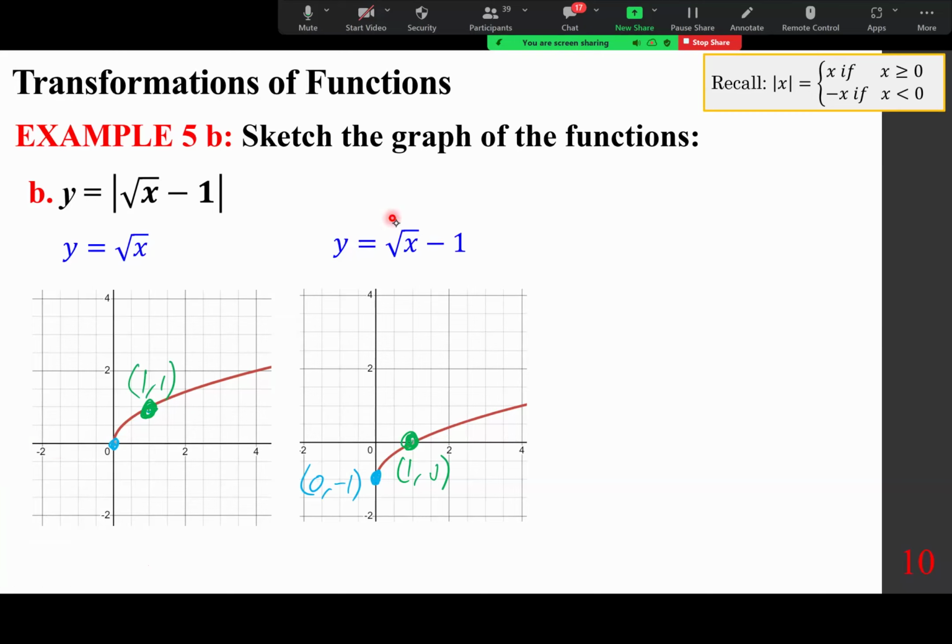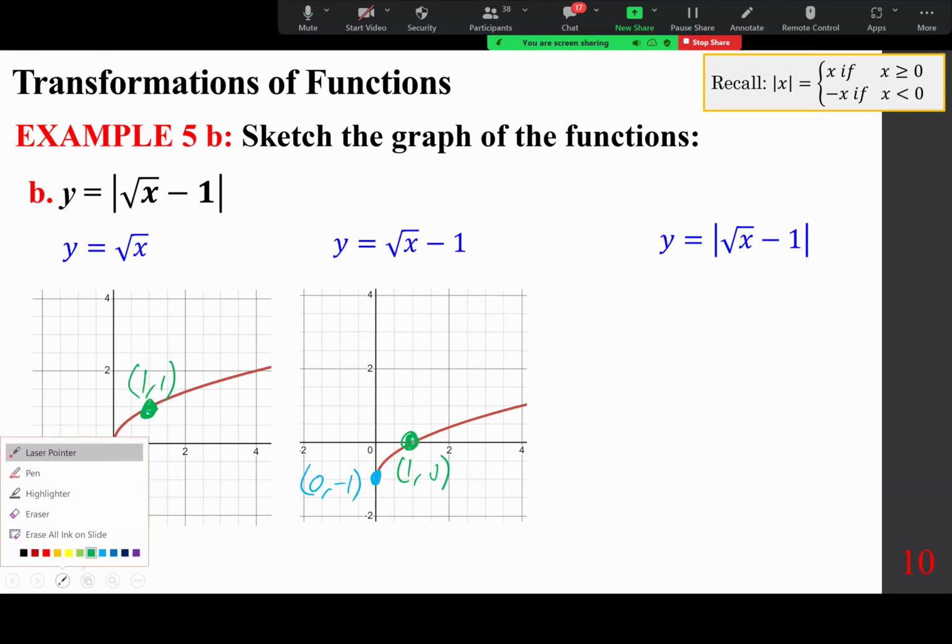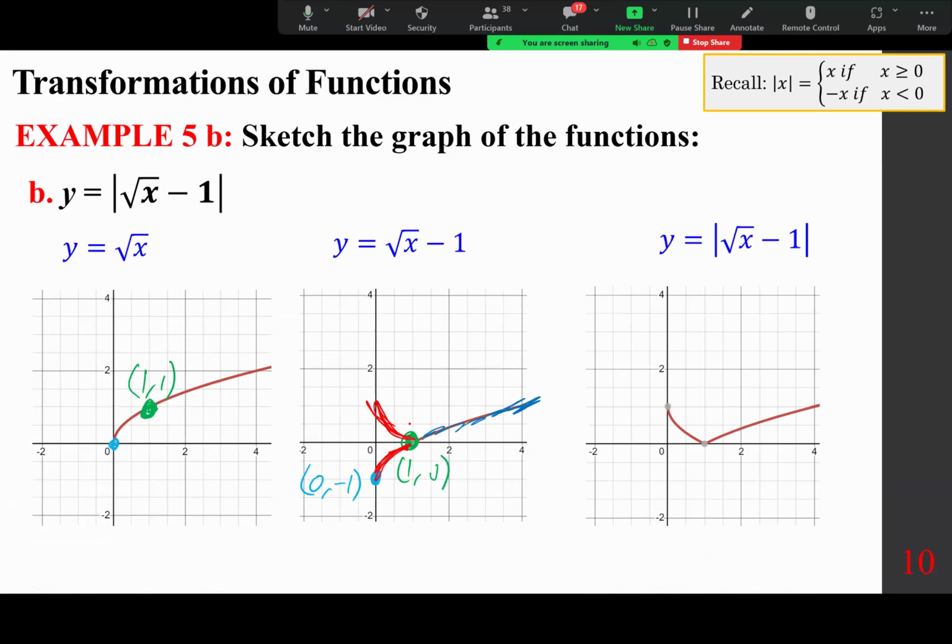What happens with an absolute value is that this portion doesn't change because it's above the x-axis. So this remains unchanged. This one will flip over, go like that. So flip this over. So this part remains the same, okay? This is the part that will flip over. Looking like that, something like that. So that's the final graph.